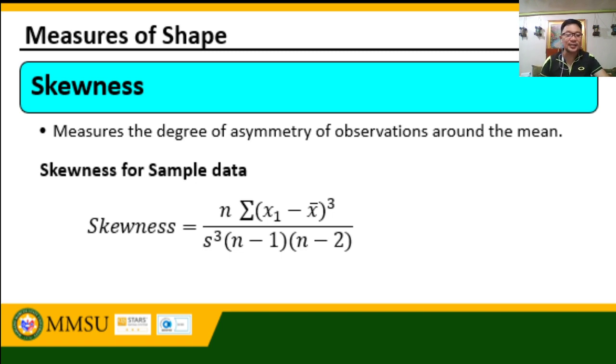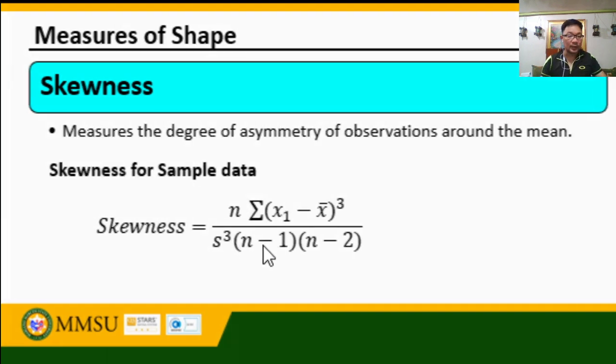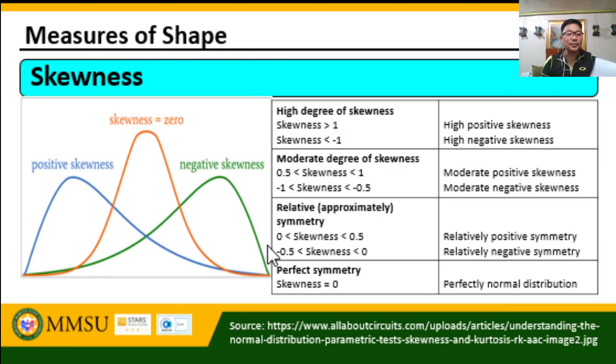Skewness is equal to n times the summation of the cube of x sub i minus x bar, all over the cube of the standard deviation times n minus 1 times n minus 2. Now, skewness has different shapes.